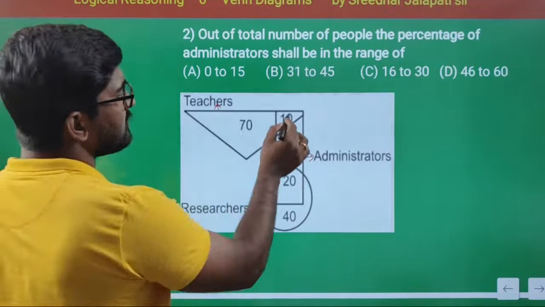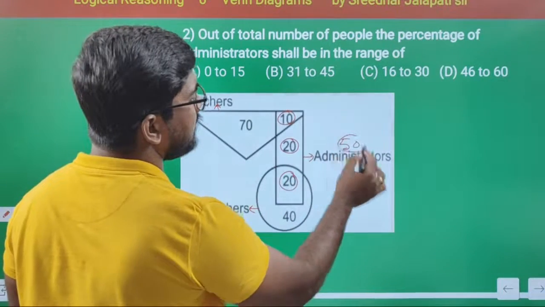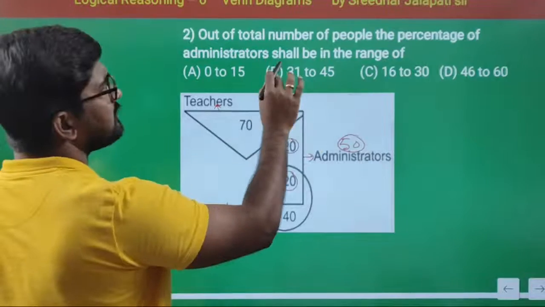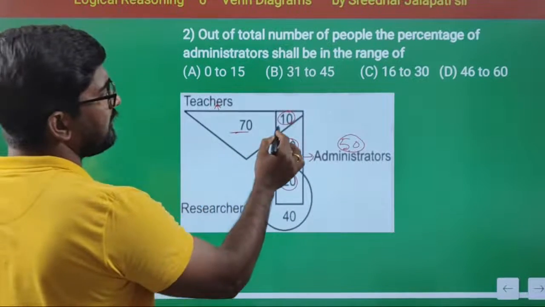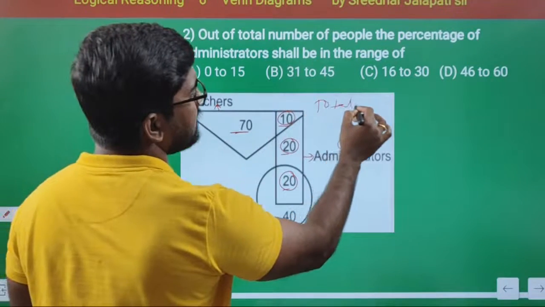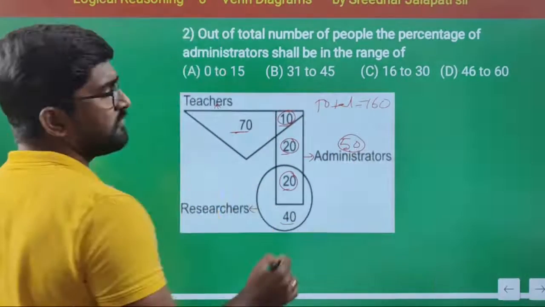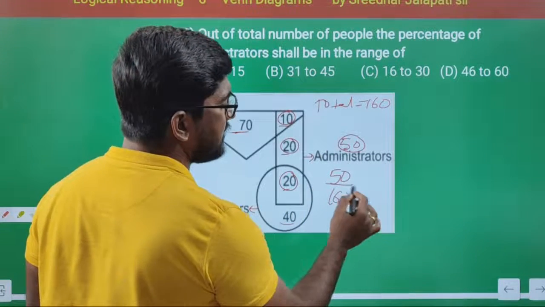So administrators are 10 plus 20 plus 20, that is 50. You're asked to find what percentage of the total number of people these administrators are. The total number of people is 70 plus 10, 80, 100, 120, 160. So the total is 160, and administrators are 50. So administrators as a percent of the total is 50 by 160 into 100.